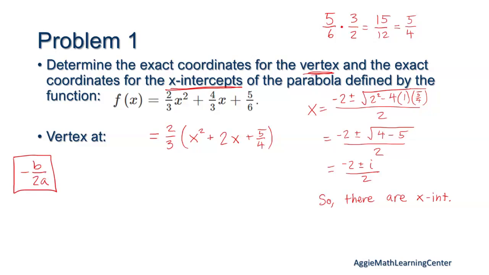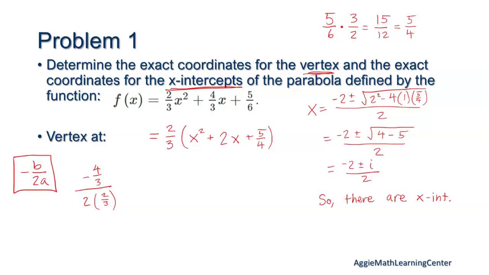So we can go to the original equation, and we can take -b, so we'd have -4/3 over 2a, so 2 times 2/3. Am I writing too small? Or does it work? Okay. Yeah, so -b over 2a, and that would be 2 times 2/3. And then we can just simplify that down. So this is just working with some fractions, so we want to be careful.